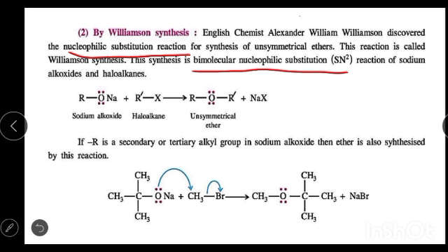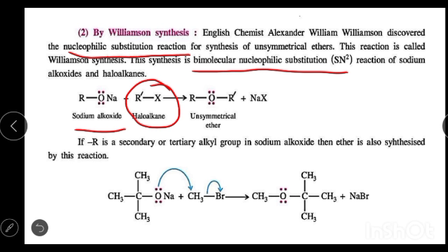By the attack of the nucleophile, we'll get the product, and we'll get unsymmetrical ethers. We know what symmetrical ethers and unsymmetrical ethers are. For this process, haloalkanes are treated with sodium alkoxide, which produces unsymmetrical ethers.